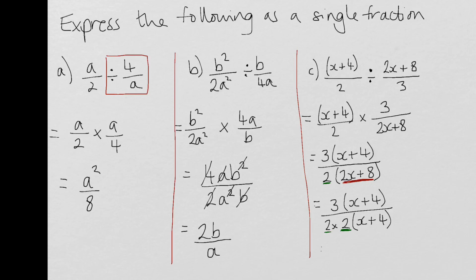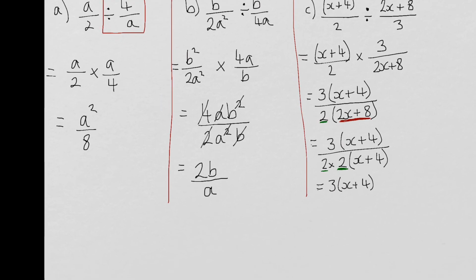So it would become 3 over x plus 4 all over 4x plus 4. So that cancels with that, and we are left with 3/4. And that's it, simplified as far as possible.